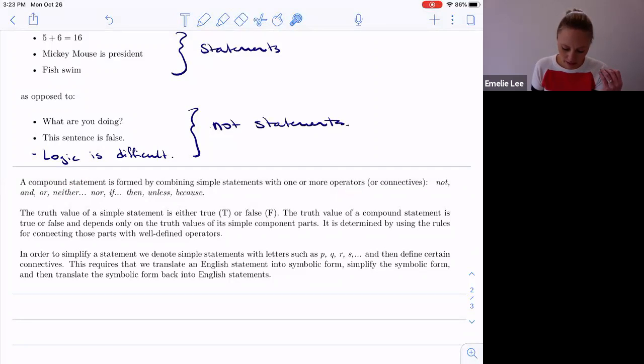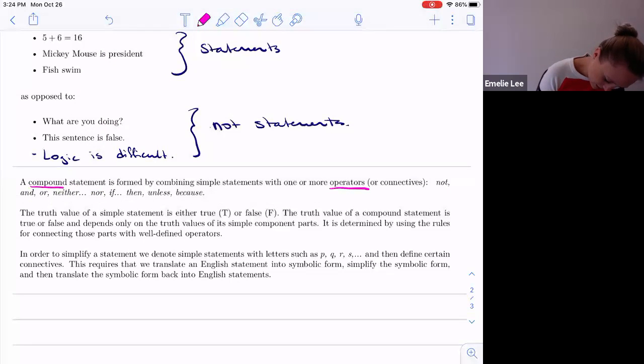So things like not, and, or, neither, nor, if, then, unless, because, these are all connectives, or what we'll call operators. So I'll underline that here. A compound statement is exactly that: simple statements compounded together using some sort of operator.